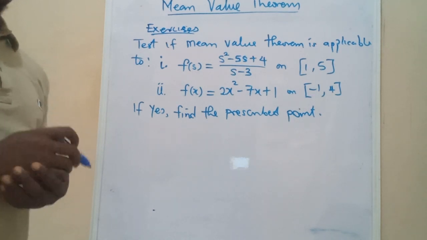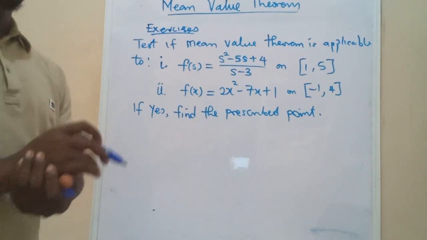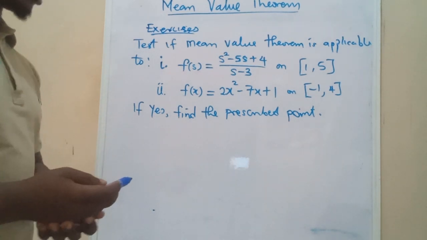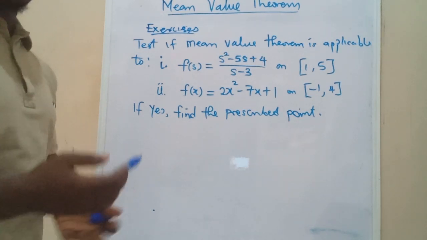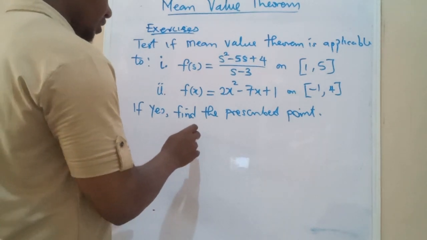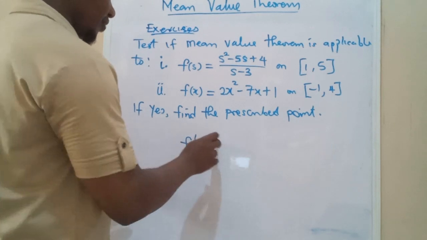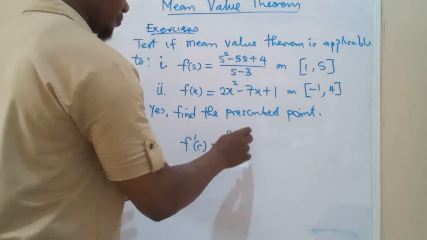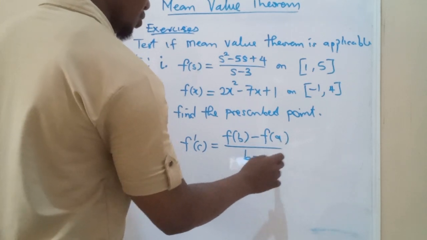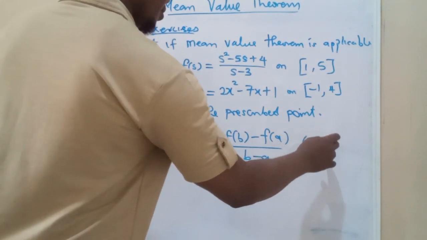Before we end the class, let's quickly make a remark here. The remark is obvious from the beginning, but let's have it. Before now, we have said that the mean value theorem is given by this formula, which we refer to as the mean value.